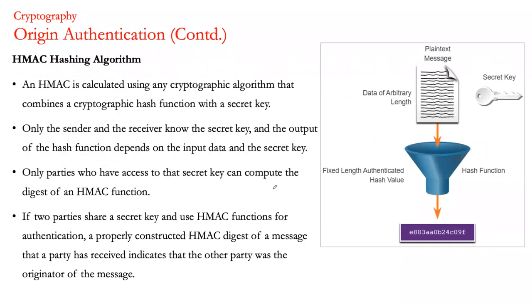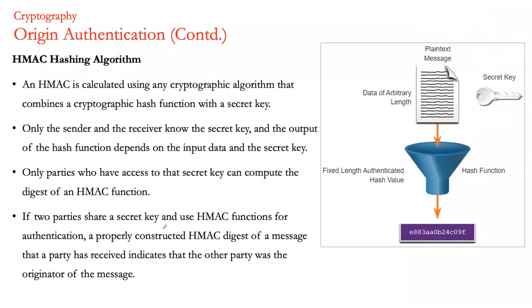So here you can see the process as just explained, the origin of your authentication process. The plain text message, with data arbitrary in length, and a secret key of your sender are both given as an input to your hash function, so it generates a fixed length output. Whatever key is there, this key is a shared key between the sender as well as the receiver, so both have these keys.